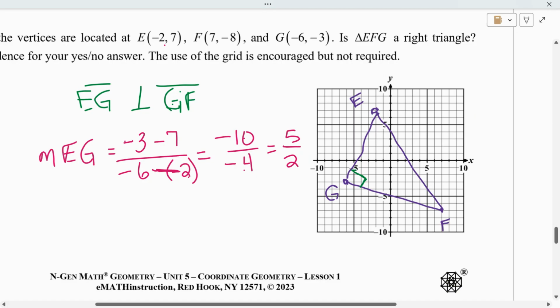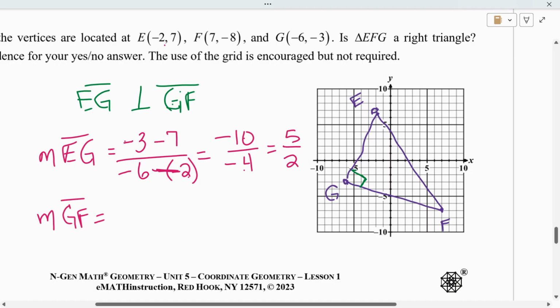Now let's calculate the slope of segment GF. I keep saying line, I'm sorry. So I always start with the second coordinate.